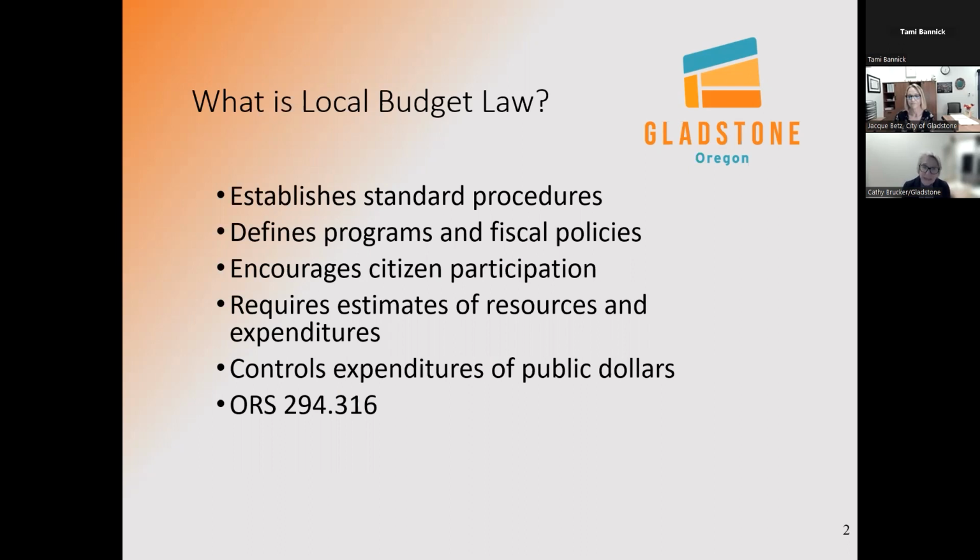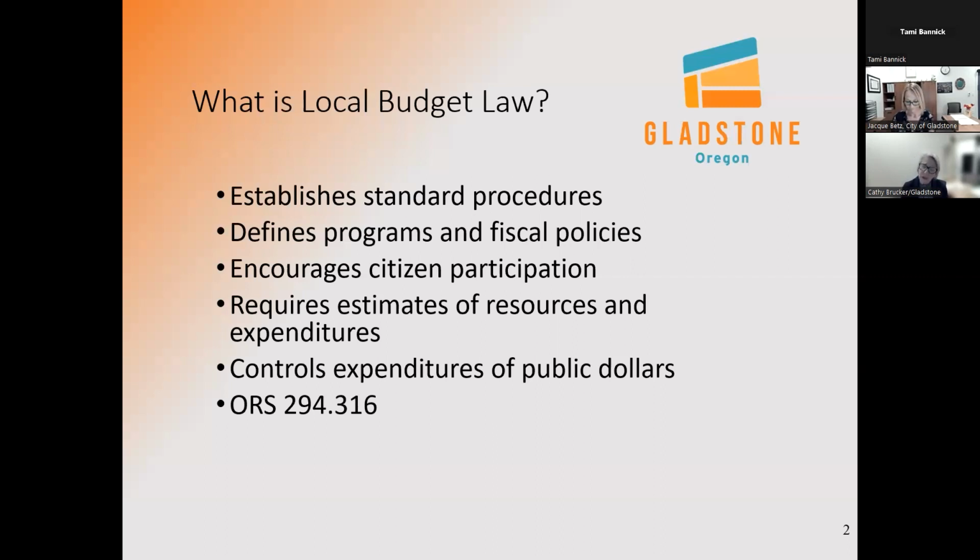It's standardized statewide for almost all entities, with differences resulting from the size, purpose, and complexity of local governments. It explains the entity and fiscal policies that frame the budget, strongly encourages citizen participation throughout the entire process, and is based on estimates of resources and expenditures that must balance to each other.